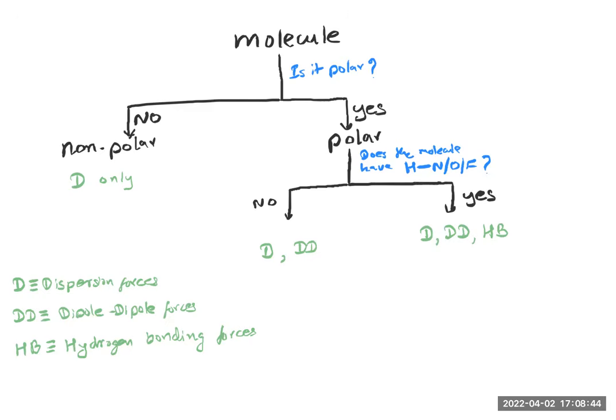Okay, so if you have comparable molecules, and when I say comparable, I'm talking about the size and the number of electrons in the molecule, then the more types of intermolecular forces you have, the stronger the overall intermolecular forces. Stronger the overall intermolecular forces, higher the boiling point, higher the melting point, higher the density, higher the viscosity, and lower the vapor pressure and lower the volatility.